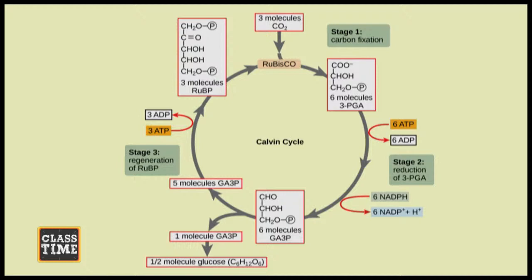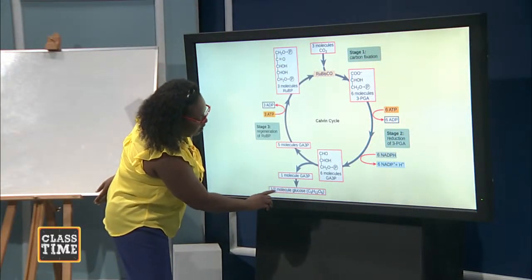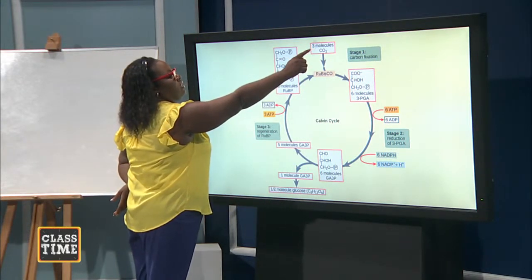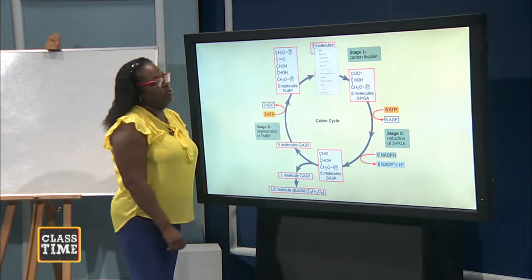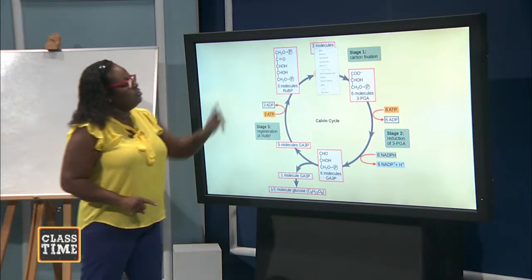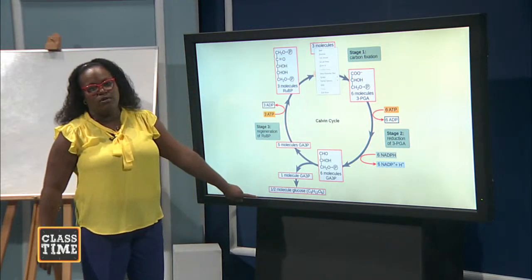So what happens is it goes through the stages 6 times. I know 3 times, because if you notice, at the end they say half a glucose molecule is made, because you only used 3 carbon dioxide molecules, all right?